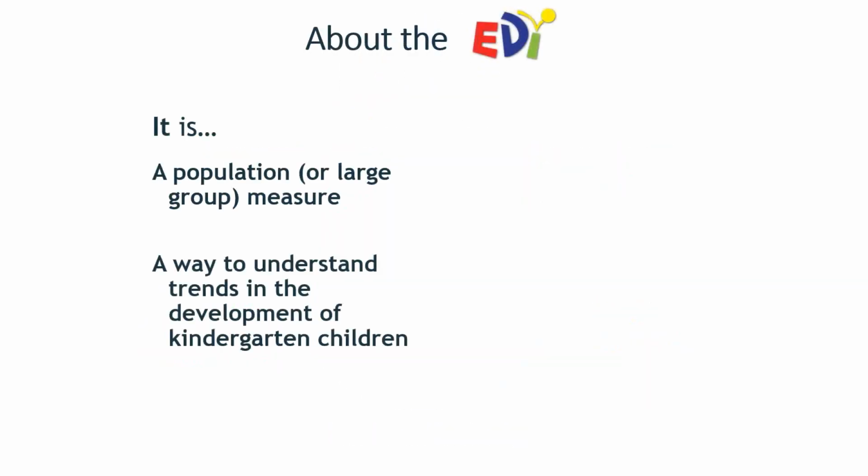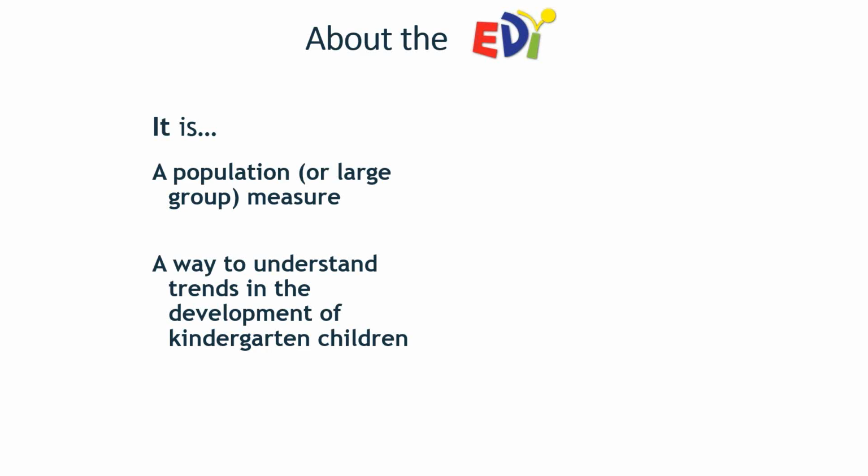A couple of important things to remember about the EDI. Although it's filled out on individual children, we never do an analysis of individual results, and I would never talk to you about how Johnny was doing on his EDI or how Mary was doing on her EDI.